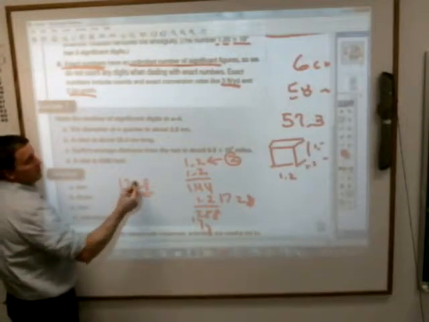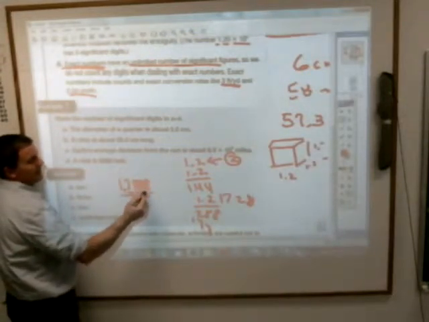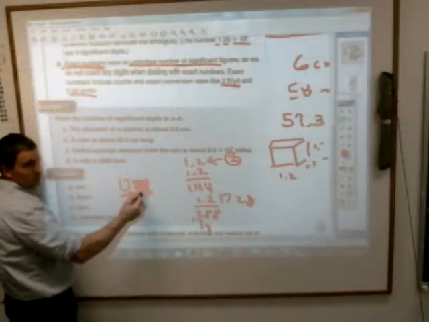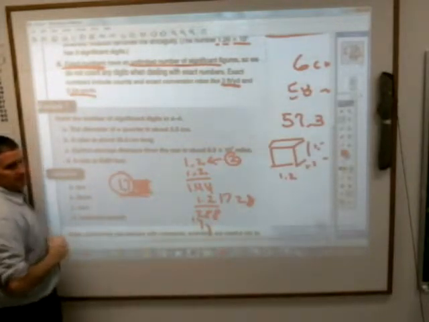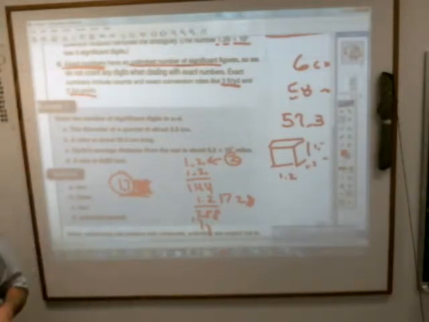You have to cross these off because you don't know for sure that those are accurate. You can only list this as being 1.7. And again, that's only when you measure things. It's not if I was just multiplying 1.2 times 1.2 times 1.2. It's only when you're measuring something that you don't know for sure if it's exact, because you can only measure it to certain things.